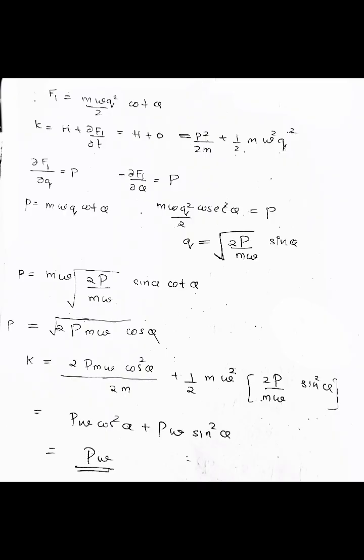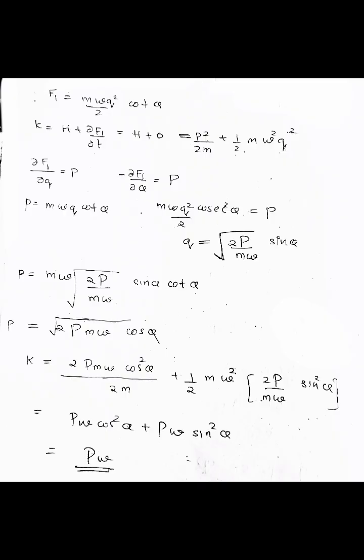This is equal to p²/2m + ½ mω²q². Then ∂F1/∂q = p, that is, −∂F1/∂Q = capital P. Then p = mωq cot Q. From the equation ∂F1/∂q, we can write p = mωq cot Q, and from −∂F1/∂Q = capital P, we can write mωq²/2 cosec² Q = capital P, that is small q = square root of 2P/(mω) sin Q.